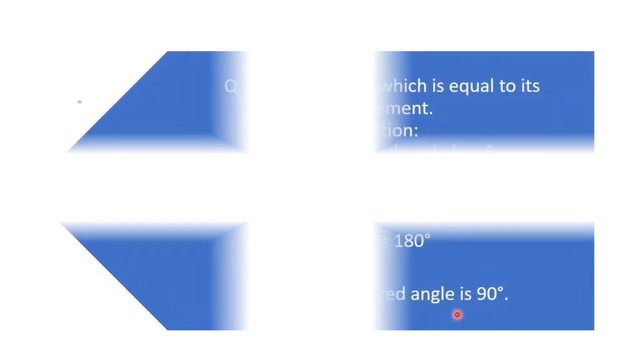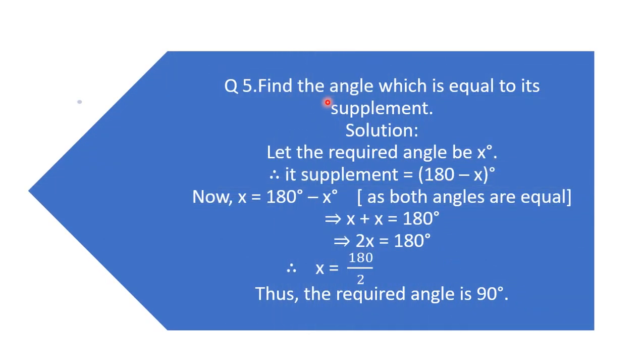In the same way, in question number 5, we have to find the angle which is equal to its supplementary angle. So let's take the angle as x. So its supplementary angle is 180 minus x. Again it is given this angle is equal to its supplement, that is x is equal to 180 minus x.